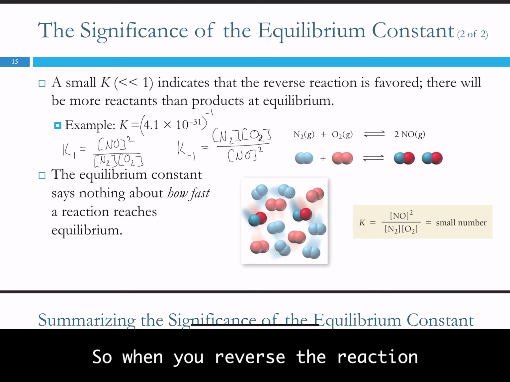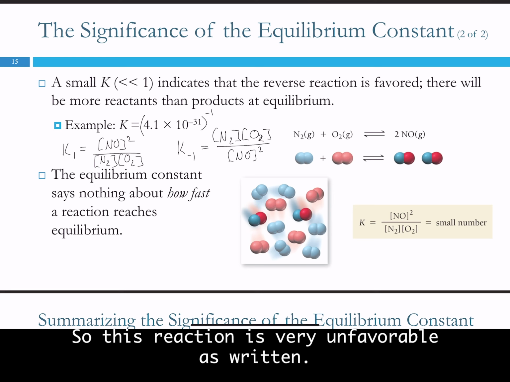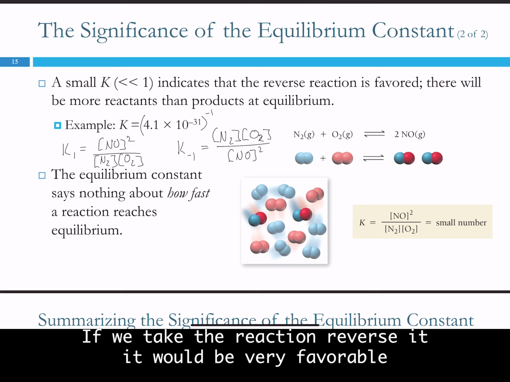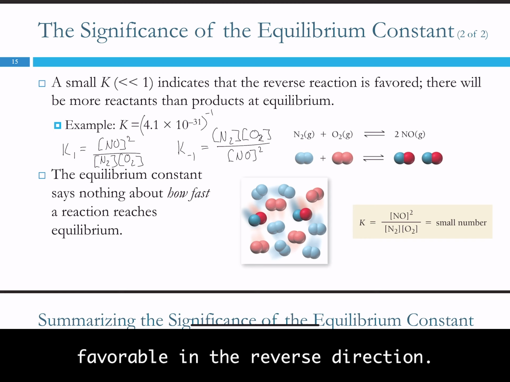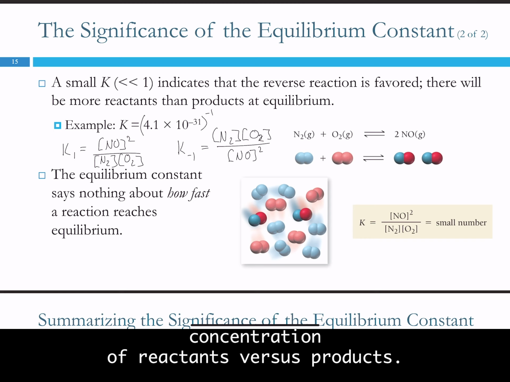So when you reverse the reaction, you flip the equation and you flip the K. This reaction is very unfavorable as written. If we reverse it, it would be very favorable in the reverse direction, or we would have a much higher concentration of reactants versus products.